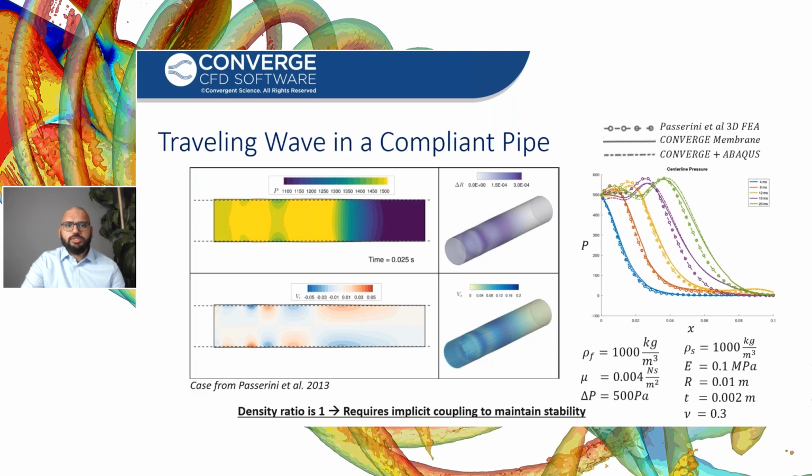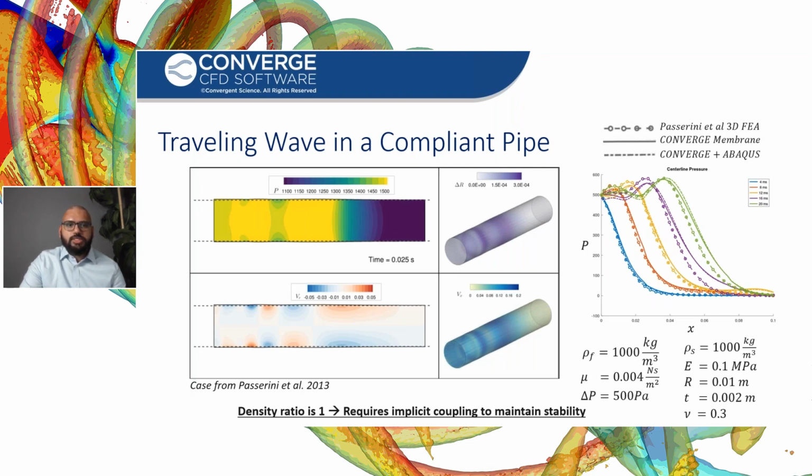So just to note here, the fluid and the solids have similar densities. So if you remember from earlier, when this happens, you need an implicit coupling to be active. So this membrane is also solved using an implicit coupling between the fluid and the solid domains. Otherwise, the solution will not be stable at all.